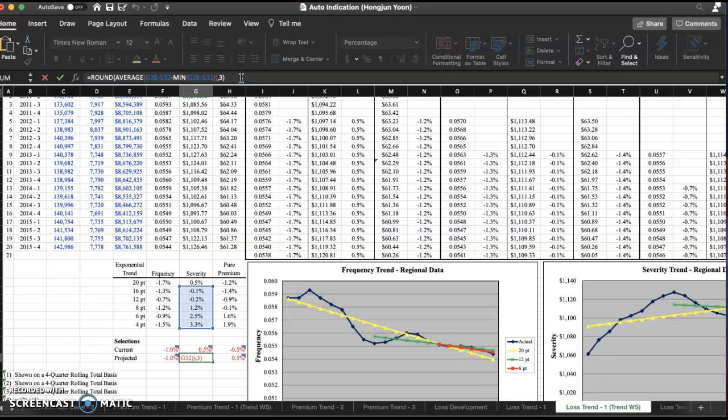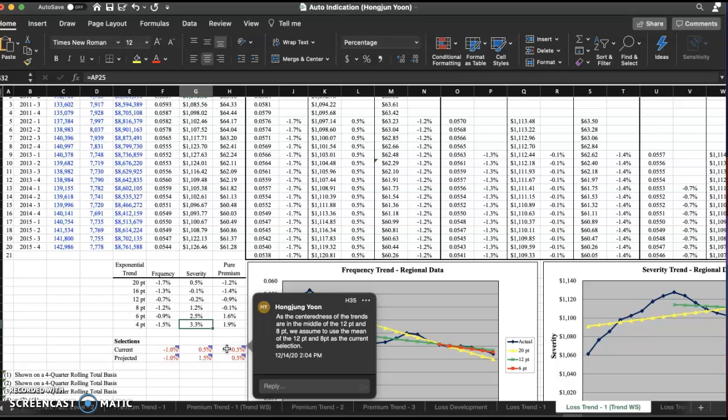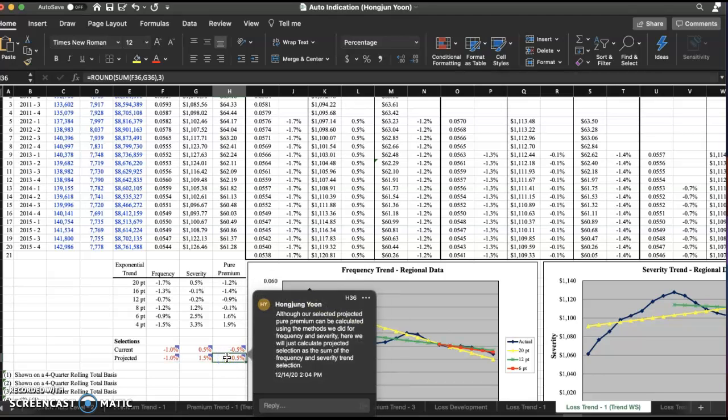Since I noticed the severity trend is going up from 0% to 3.3% right here, I decided to follow that trend. For the pure premium, I used the measure of the centeredness for the current selection, but then added frequency and severity for the projected selection.